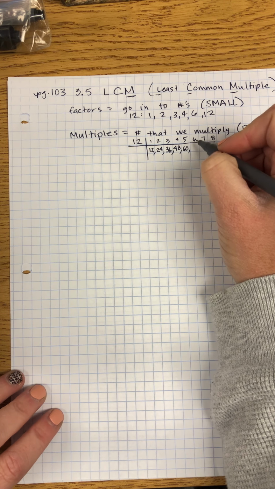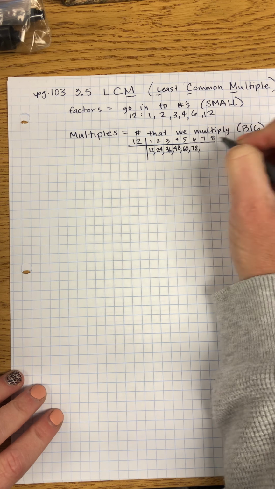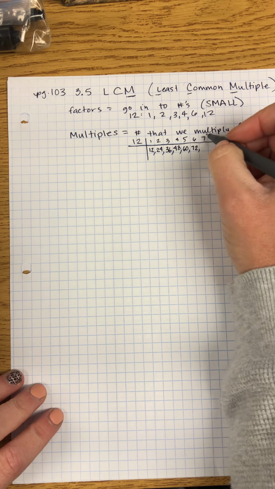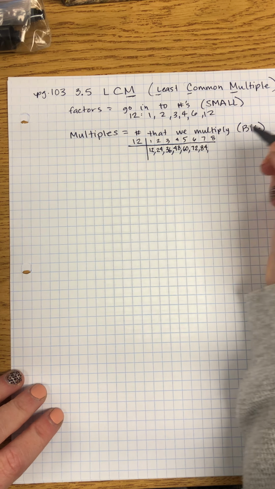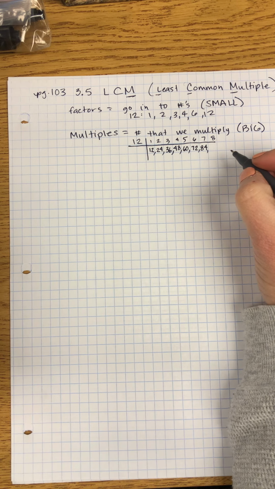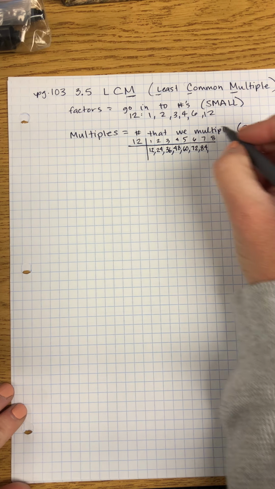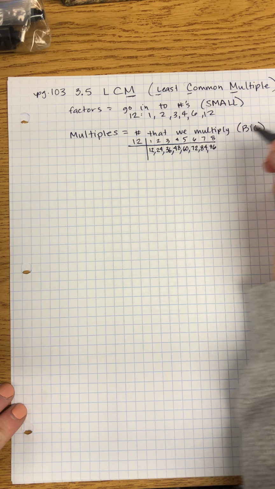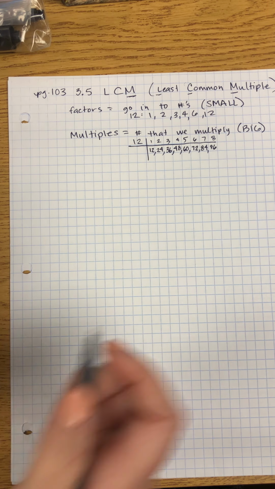The sixth multiple, 72. The seventh, 84. And the last one that we're going to work with today, what is 12 times 8? 96. So multiples get bigger. Are we all taking good notes? Multiples get bigger.